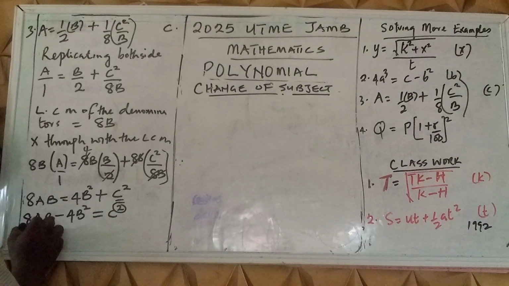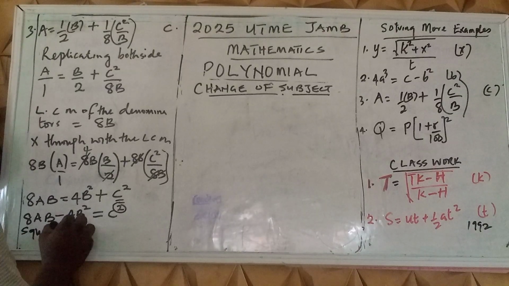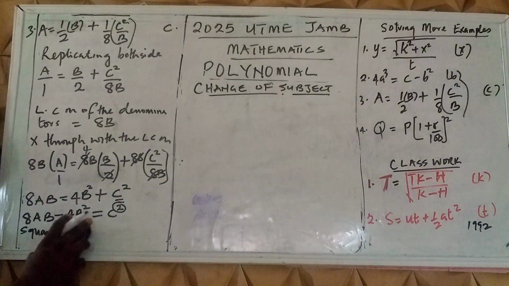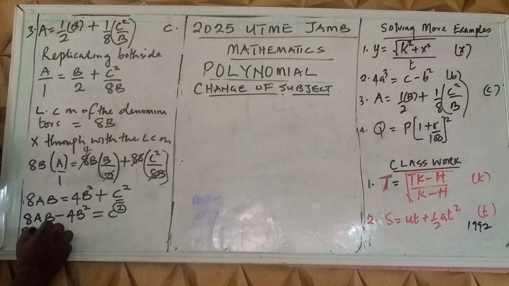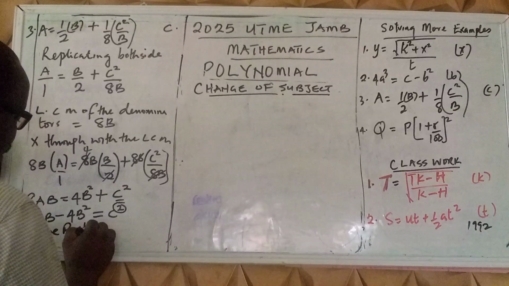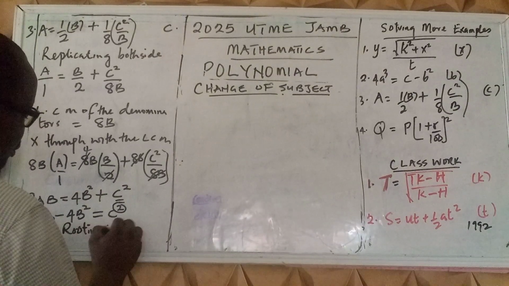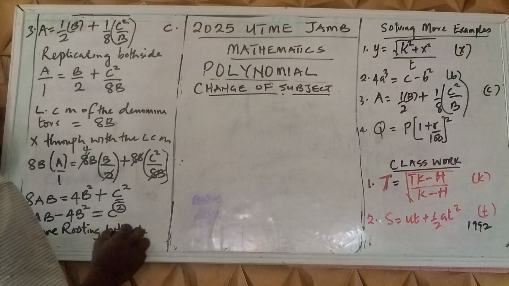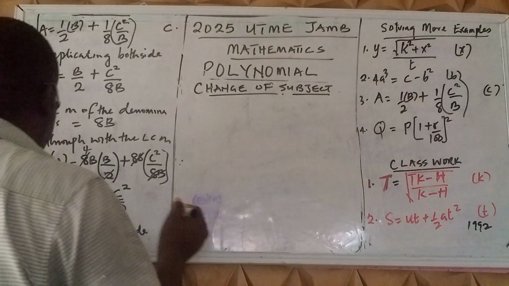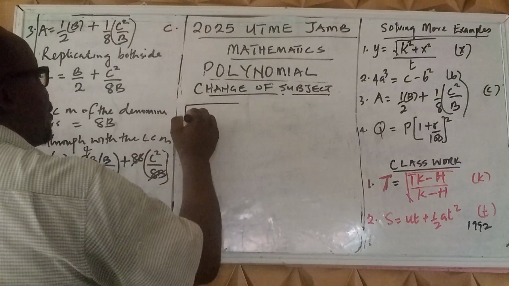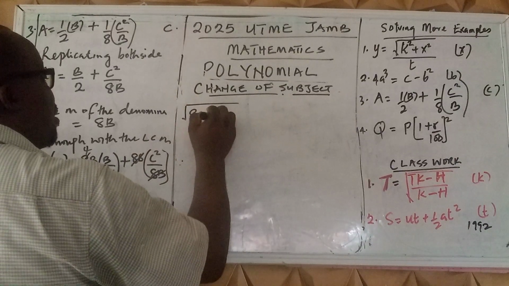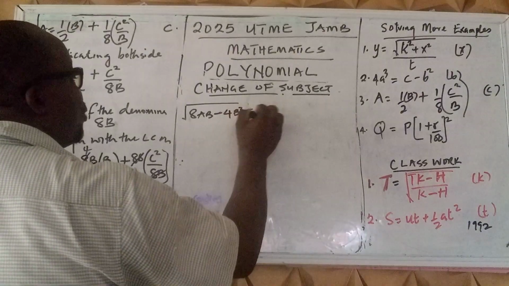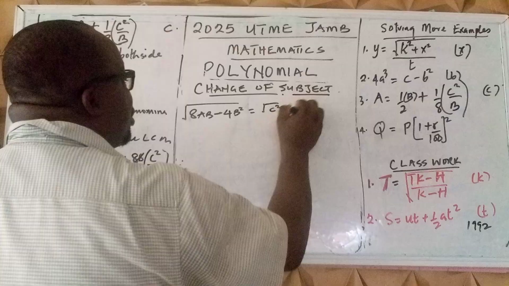If I say square rooting both sides, meaning we want to put square root on both sides, I will have the square root of 8ab minus 4b squared equals the square root of c squared, which will give me c.